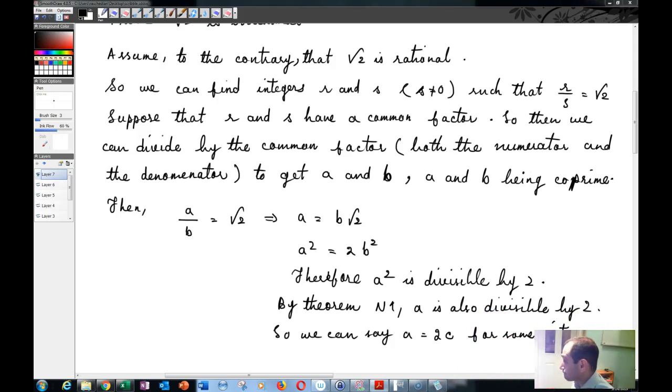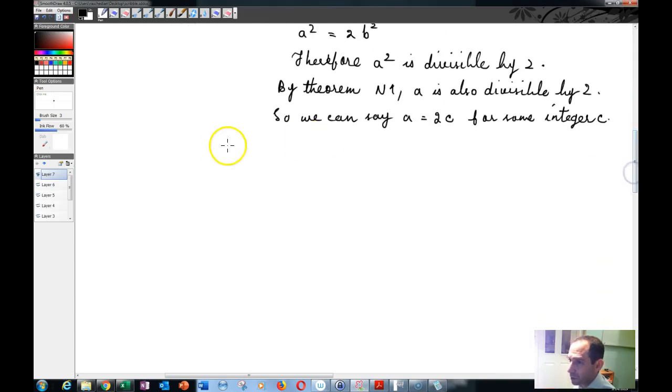Now here we said that a squared was equal to 2b squared. Now since a is equal to 2c, you can substitute a here.